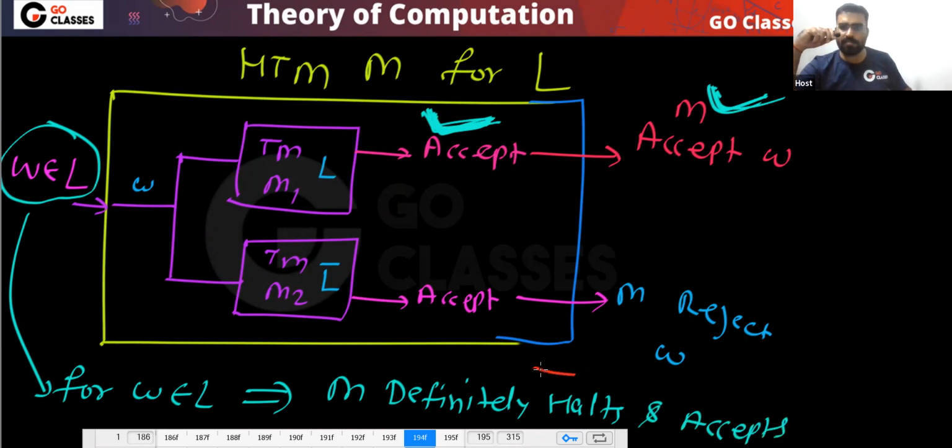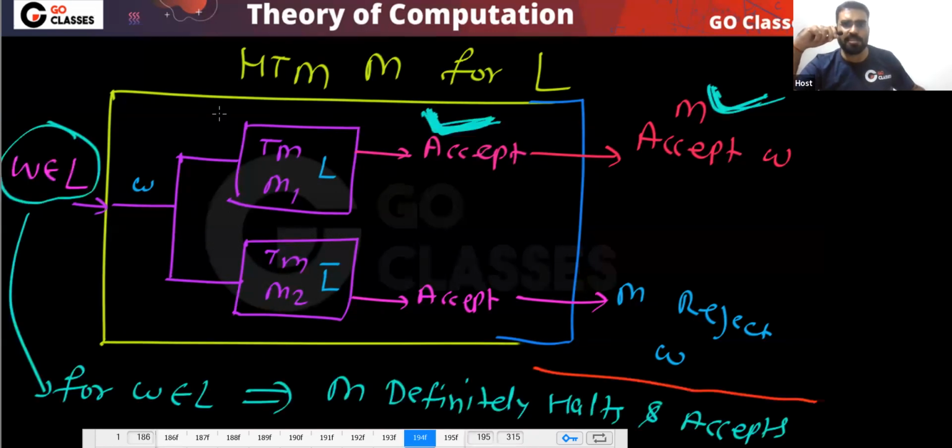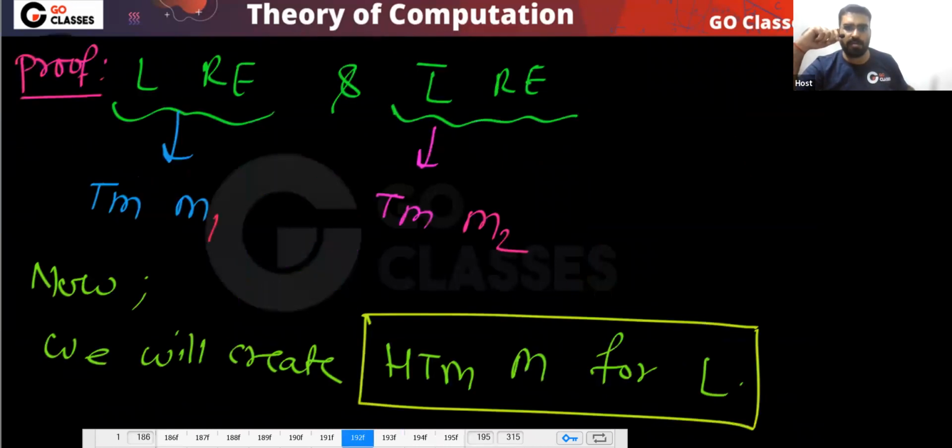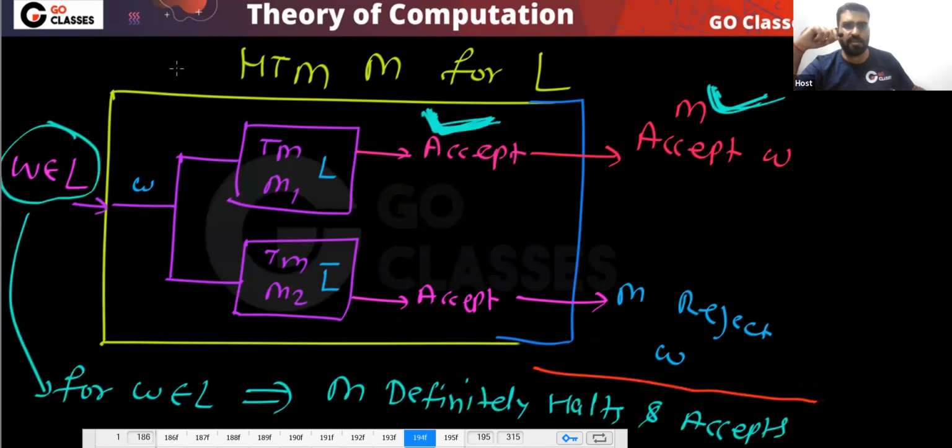Agree? Now tell me, is this enough to prove that this is a halting Turing machine? We need to prove that this M is a halting Turing machine. So here we have shown that if W belongs to L, then M will definitely halt and accept.